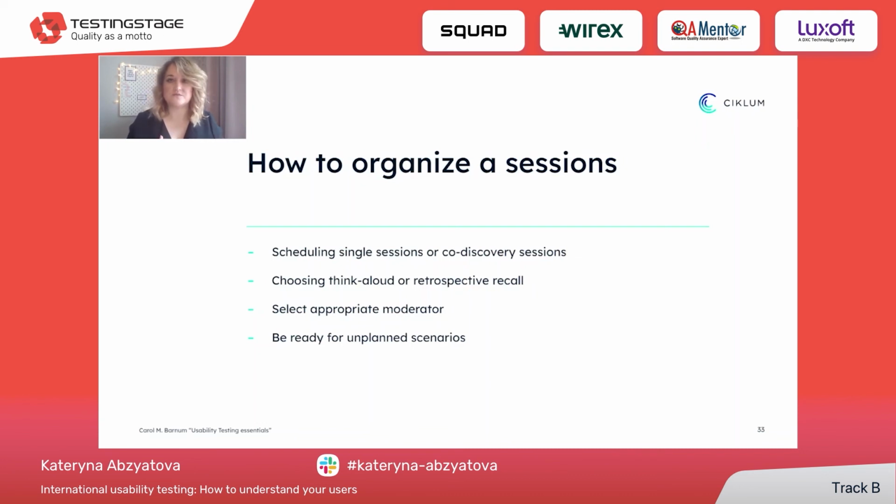For example, one option is when the user does something while resolving their task, and then it would be good to ask them to think aloud. They comment on what they think, what problems they faced or not, so the process of how they do this task. But it can be a problem for some, especially non-English speakers, or you need to spend time again with an interpreter's help, or in several countries it can just be uncomfortable to think aloud.